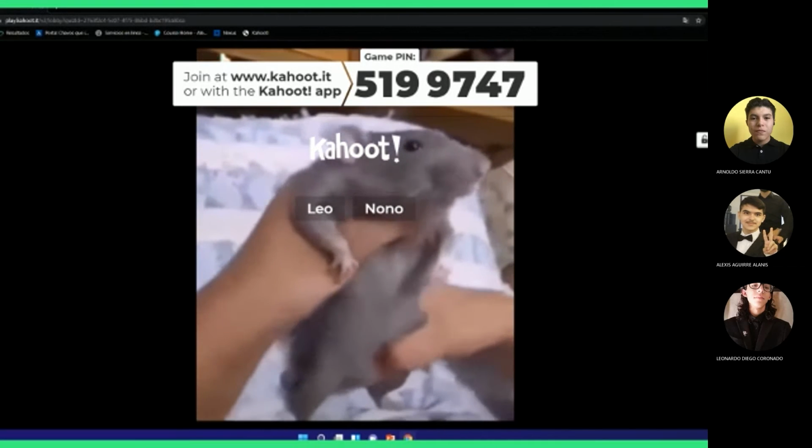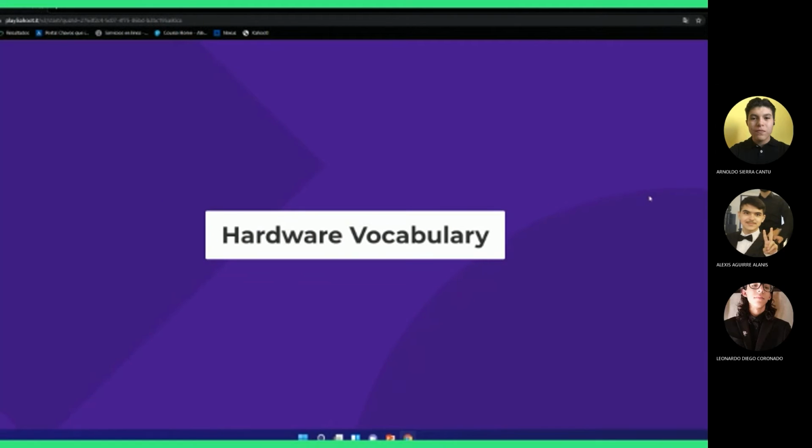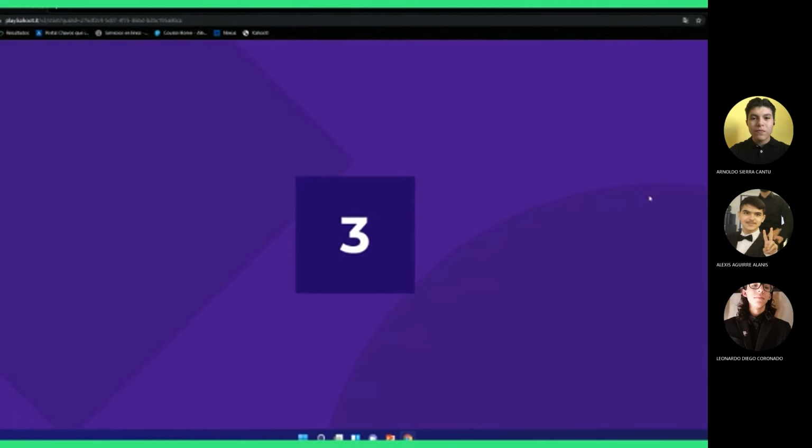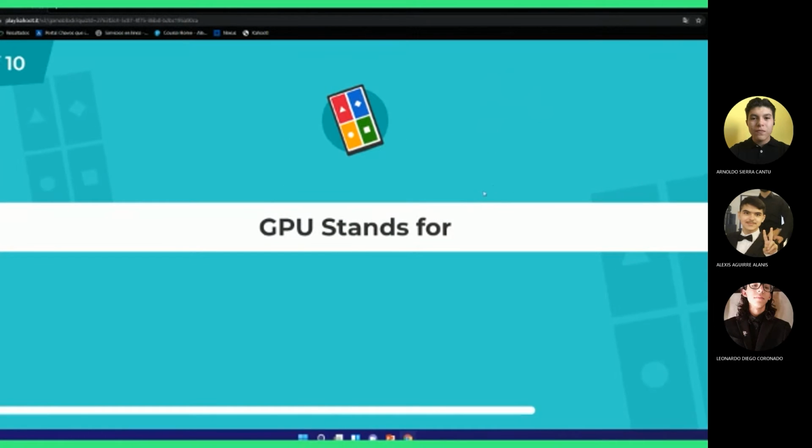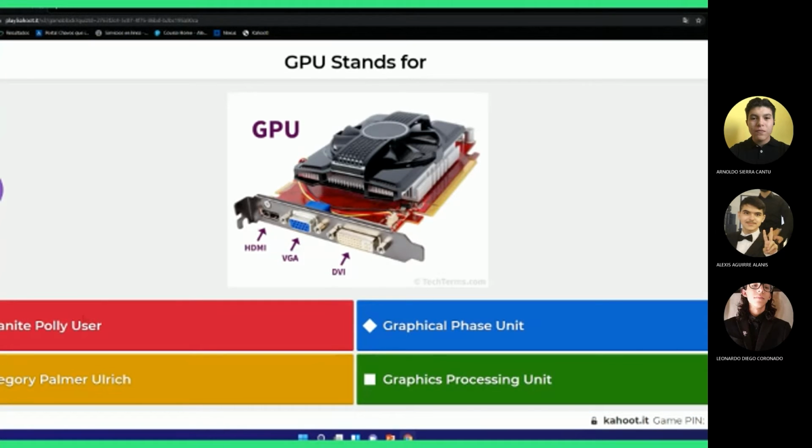Okay, so we're going to start the hardware vocabulary quiz in three, two, one. First question: GPU stands for option red, Granite Poly User, option blue, Graphical Face Unit, option yellow, Gregory Palmer Ulrich, option green, Graphics Processing Unit.